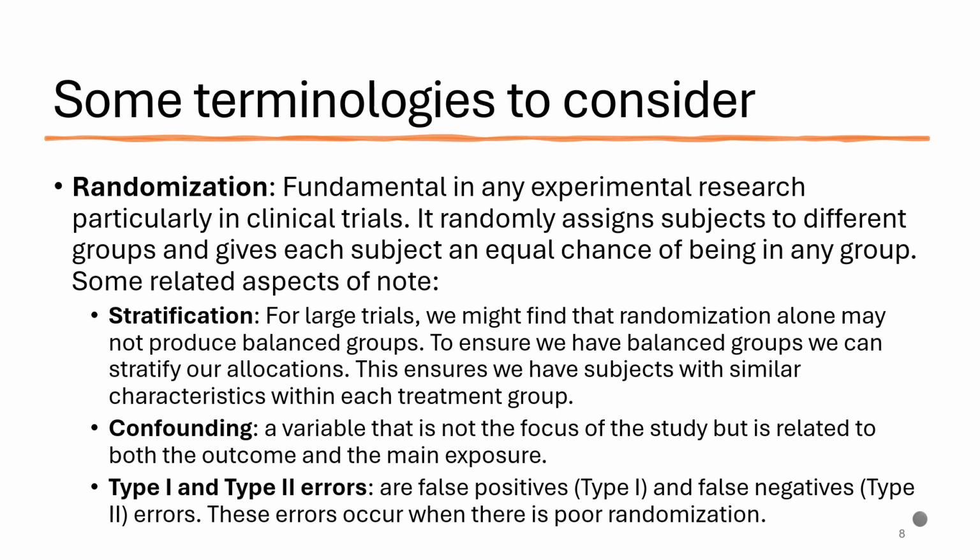Some related aspects that come from randomization or improper randomization could be aspects on stratification. Stratification is where we feel that simply randomizing might not produce balance in terms of certain groups.